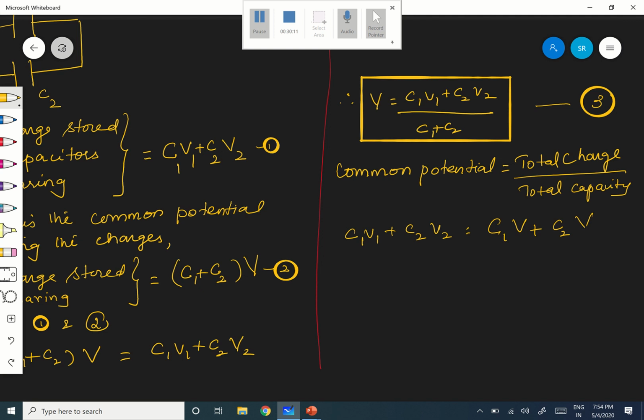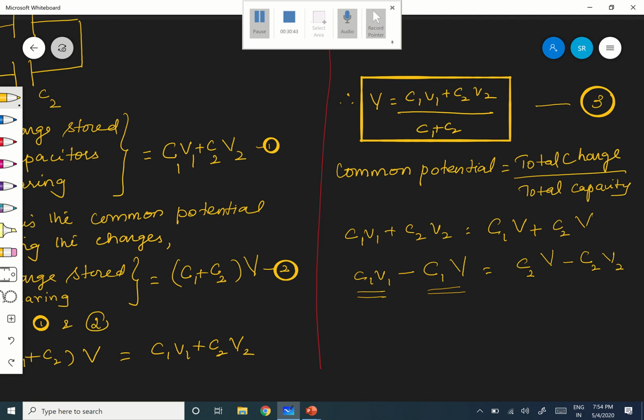Therefore, C1V1 minus C1V is equal to C2V minus C2V2. What do you understand by this? C1V1 is the initial charge stored by the first capacitor before sharing. And what is C1V?